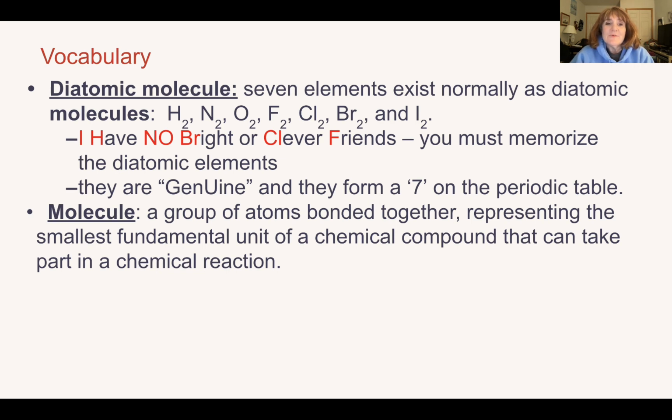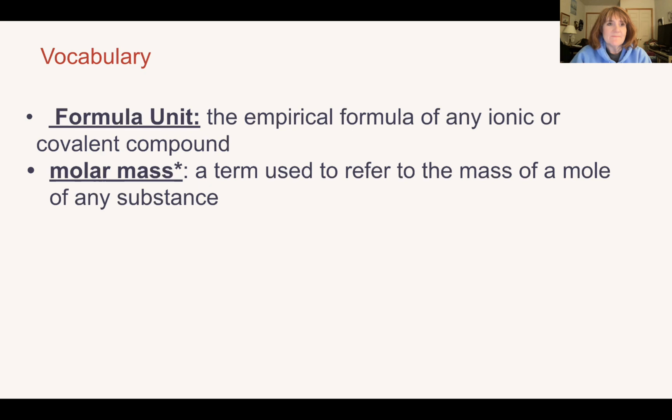Then you have molecules. A molecule is a group of atoms bonded together representing the smallest fundamental unit of a chemical compound that can take place in a reaction. A formula unit is the empirical formula for any ionic or covalent compound.